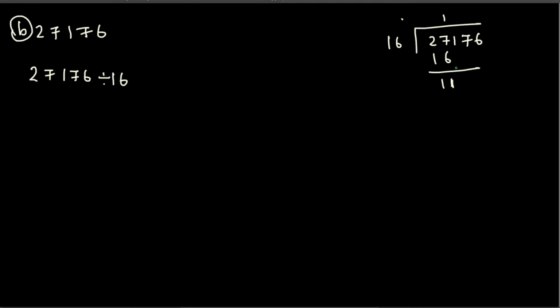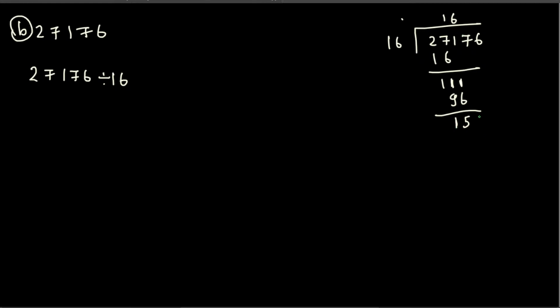In 11 we don't have any 16, so we bring one more down, and in 111 we have 6: 16 times 6 is 96, and 16 times 7 is 112, so it's only 6 here. 111 minus 96 is 15 left.